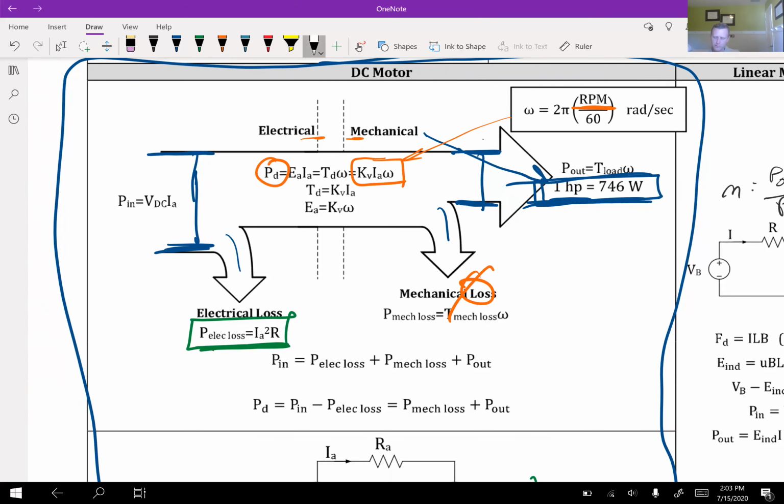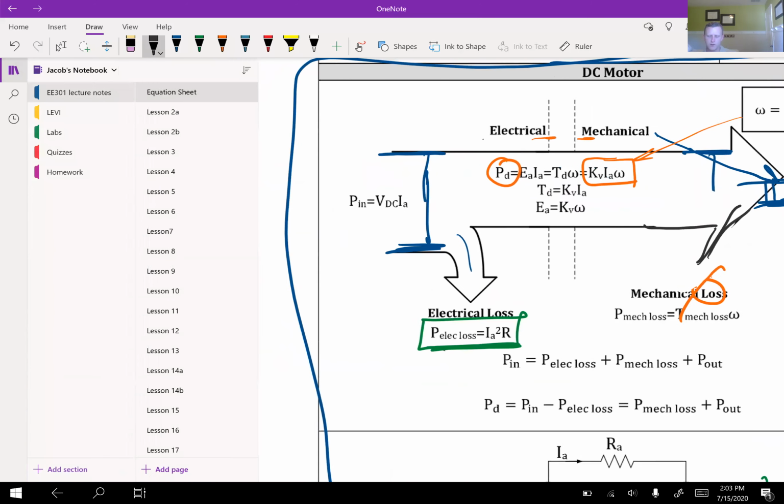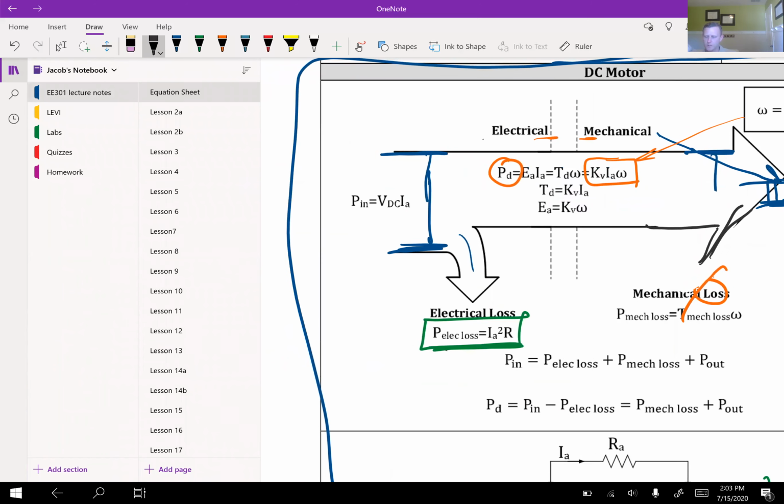If it was 0, you can think of it as there's no arrow here, there's no mechanical loss, and so that's my new arrow. Everything that was developed is output power. A mechanical loss would be like friction, so another way to say that would be a frictionless system, or negligible friction losses.